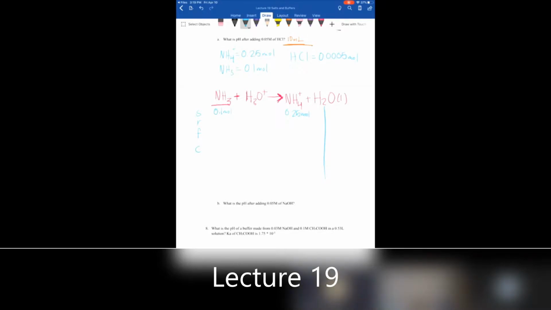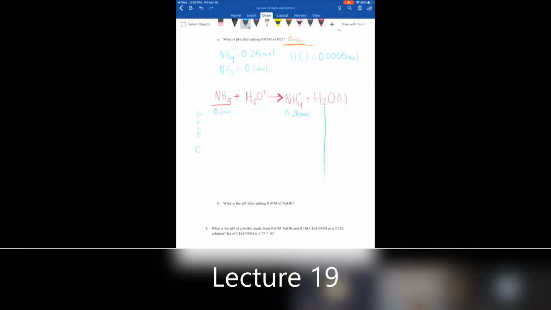Moles, if it completely reacts, so it would just be. Yeah, because in an acid-base reaction, you're relating moles to moles. So 1 mole of acid reacts with 1 mole of base. So what will the change in the NH3 concentration be?